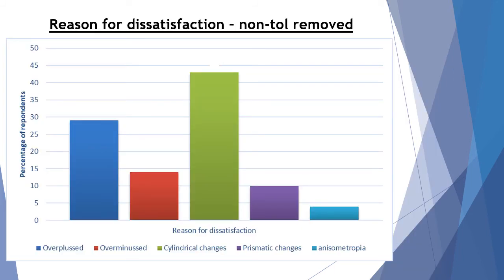And here's the results after we took out the non-tolerances. We've still got cylindrical changes as the main problem for dissatisfaction, and the second is overplussing. So remember, no near vision spectacles for reading, out overplus. They weren't included in this particular part of the analysis.